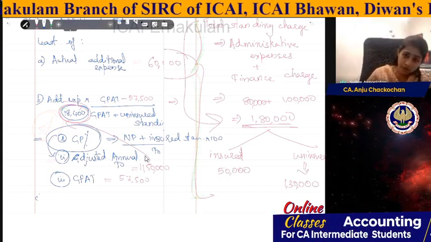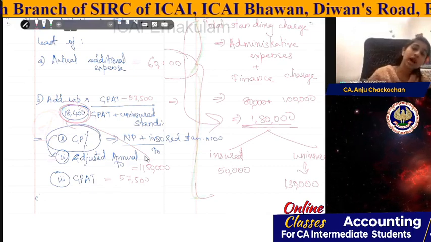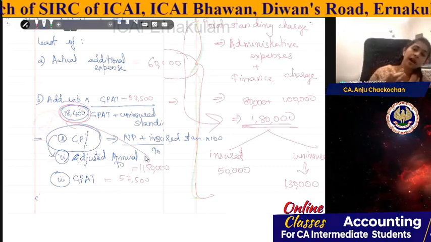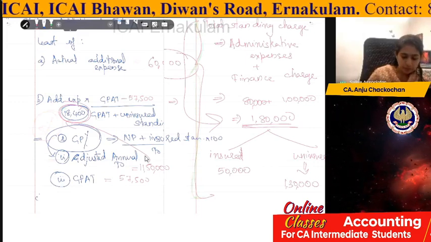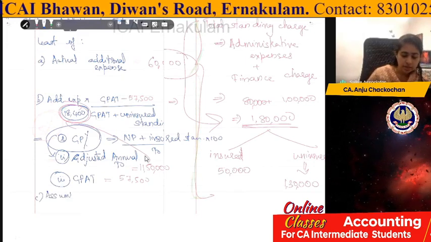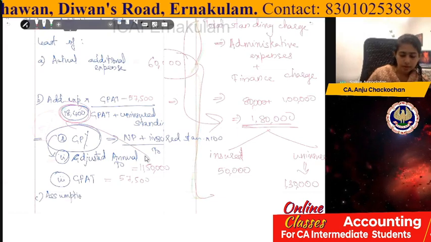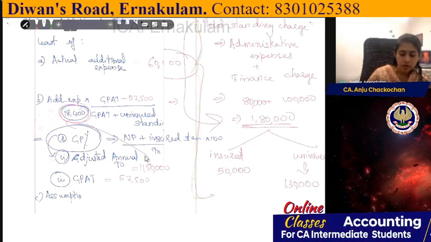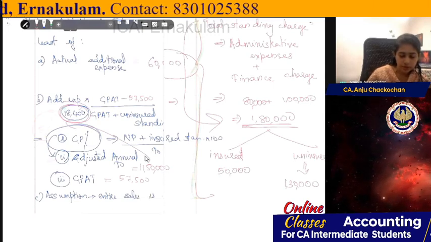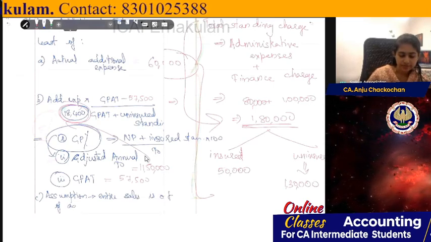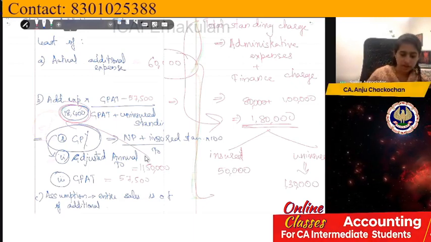So here I'm assuming that the entire sales is out of the additional expense. Assumption: entire sales is out of additional expense. All right.